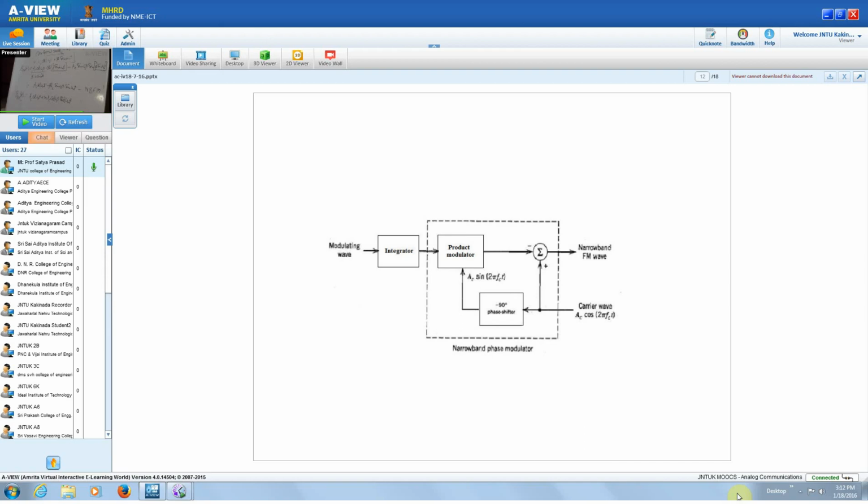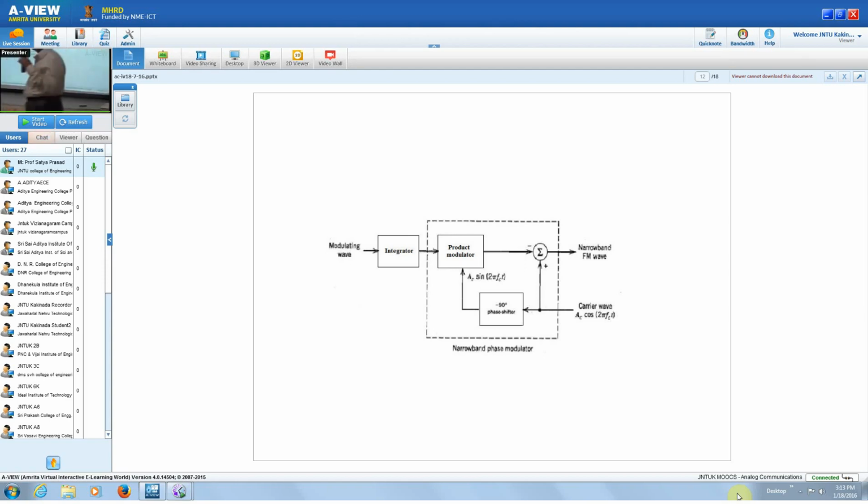And that we add in the summation with your AC cos omega Ct. So AC cos omega Ct is plus and sin omega mt into sin omega Ct is minus. The output of this summer will be a narrowband FM.